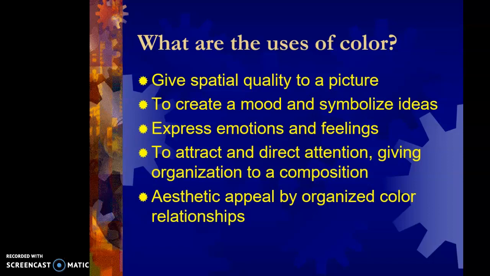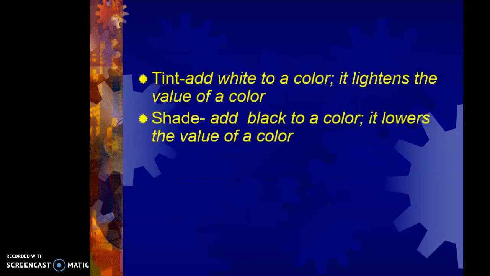But sometimes certain colors just go together. You have black and white. You have red and green. So that's that aesthetic appeal and organizing those color relationships to go together. Okay, now tint and shade. These are a couple of definitions that I'm sure you are probably wrong on what you think of tint, because we think of tinting the windows of our cars.